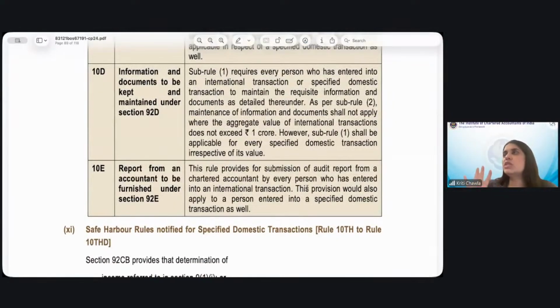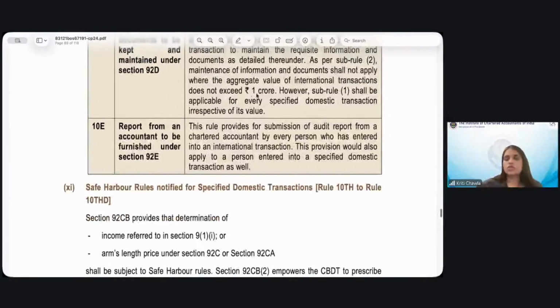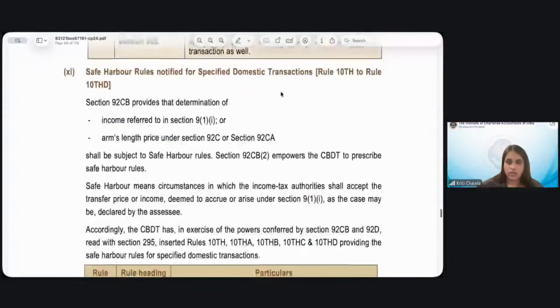As I mentioned, the rules are exactly the same. So, the accountant's report under section 92E will also be required to be furnished in case of specified domestic transaction. And when it comes to the TP study, this is the section 92D TP study. This will also be required to be maintained for specified domestic transaction. And the threshold is also the same, which is 1 crore rupees.